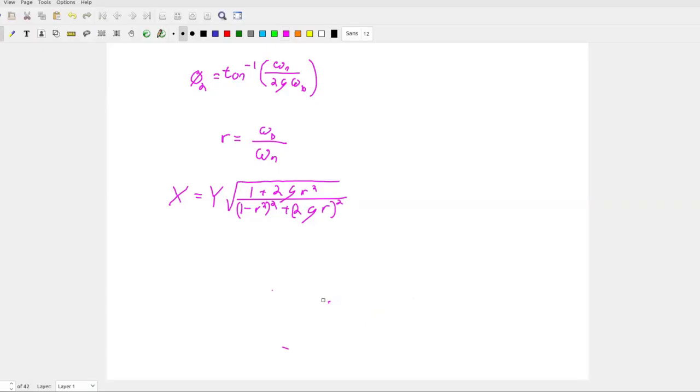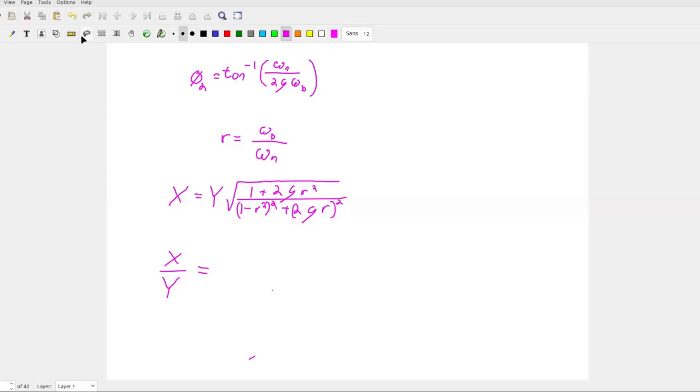Okay, so that works. The problem here is I get my displacement, right? But actually what I would like to be able to do is just plot a normalized displacement for any given input on the left-hand side, so then I can plot a normalized plot. So if I move my Y over, I get a very common function. So if you don't write much down, write this one down.